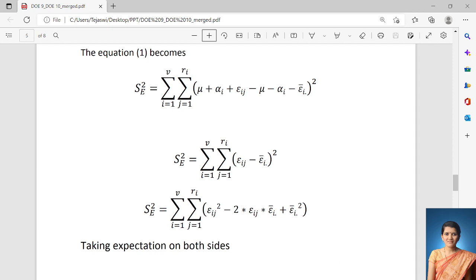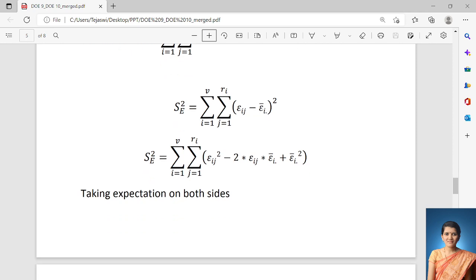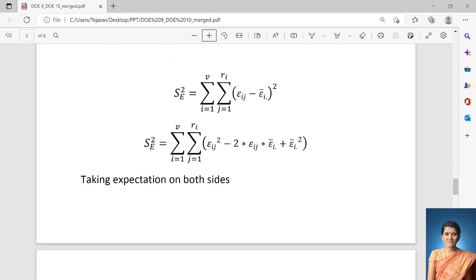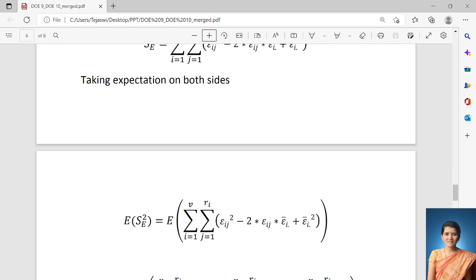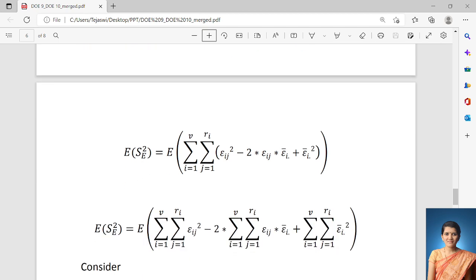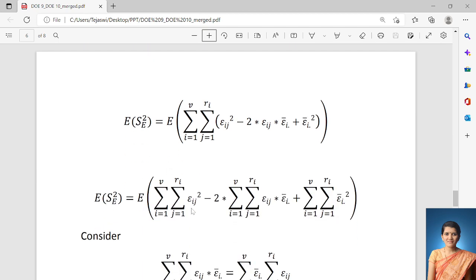Now, taking the expectation of this sum of square due to the error, we want the mean sum of square. First we take the expectation of only the sum of square. So this equation becomes, taking expectations, and we take the expectation inside. First we take the summation inside and then the expectation.